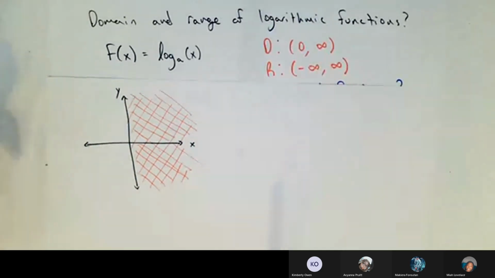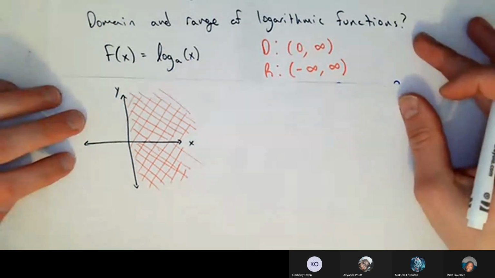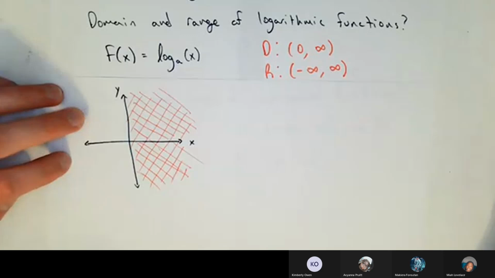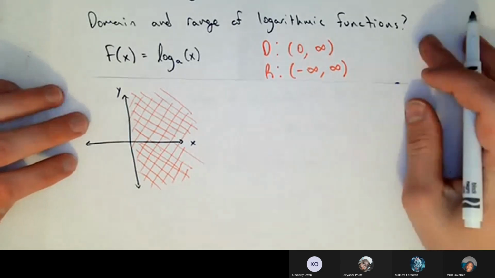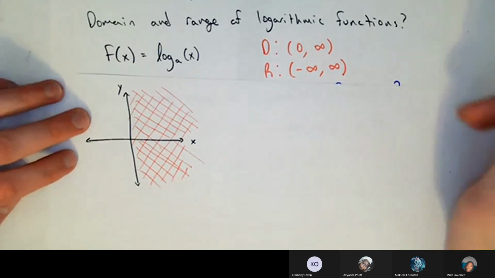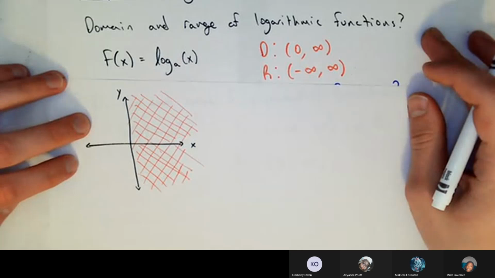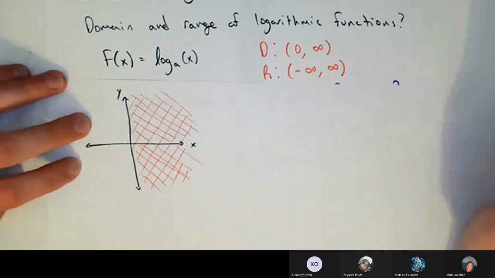That's all this really tells us, though. Of course, that doesn't give us a good idea of the actual shape of the graph, right? At this point, we have no idea what they might be shaped like. But what we can do is continue to use this idea about log functions being inverses of exponential functions.